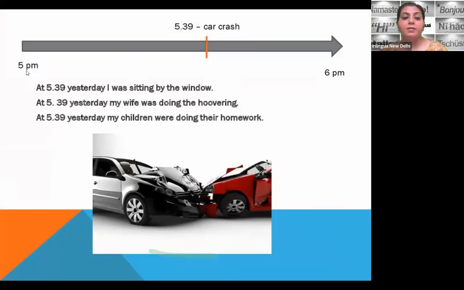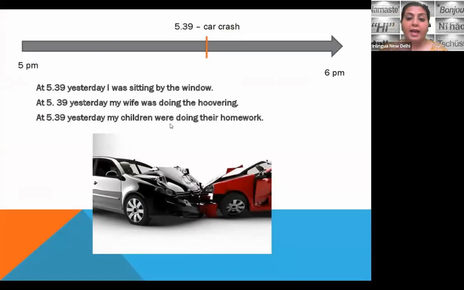Another example, what happened between 5 p.m. and 6 p.m.? At 5:39 yesterday, I was sitting by the window. At 5:39 yesterday, my wife was doing the hoovering. Hoovering means the vacuum cleaning. At 5:39 yesterday, my children were doing their homework. And there was something else that happened at 5:39.